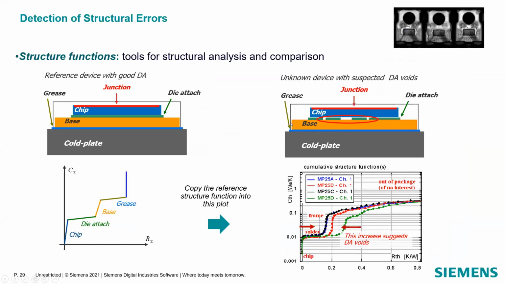Here's an example. We have two cartoons. One is a package with no issues at all. The other package has some air gaps in its TIM 1, so die-attach material. As you could see in the animation I showed earlier, air gaps would increase the thermal resistance significantly, reducing the quality and the reliability of the entire assembly.